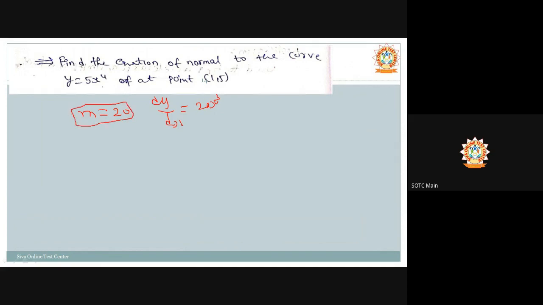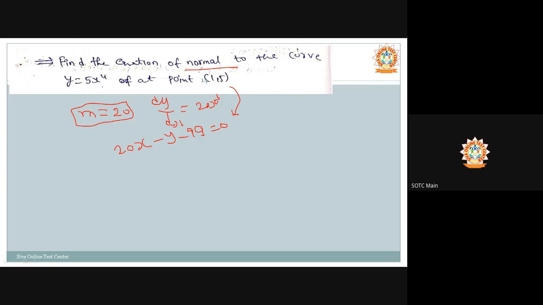Now tell me what is the equation of normal? 20x minus y minus 99 equal to 0? Just substitute this point. If it is satisfying, then your answer is correct.